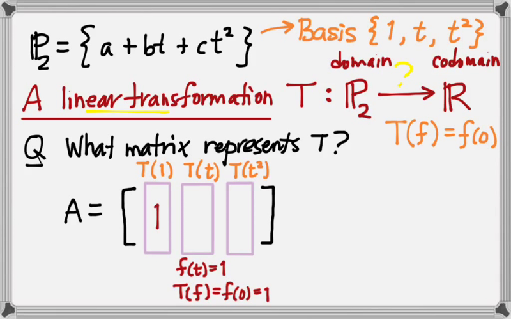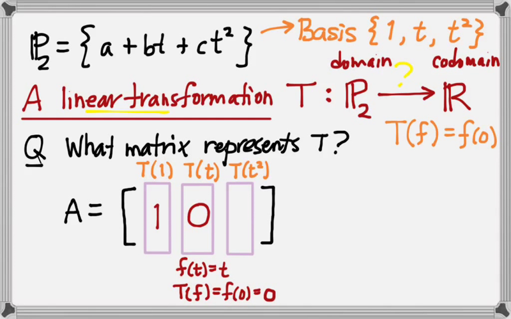If now I take the function f of t equals t, and I put a 0 in for t, what do I get out this time? If f of t is t, then what is f of 0? 0. I'm putting a 0 in for t.